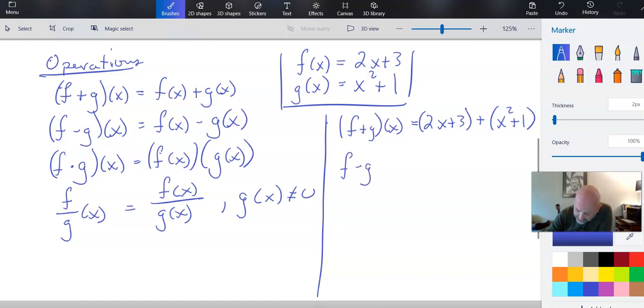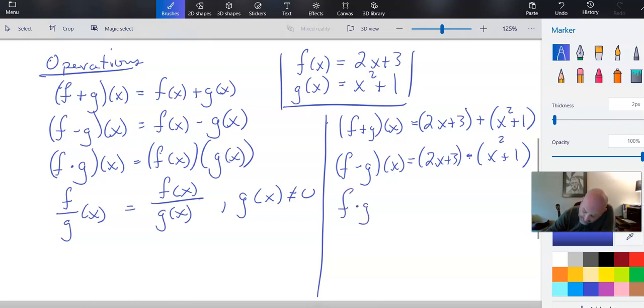f minus g of x would be the exact same thing, but with a subtraction between them. So you literally just add or subtract the functions together. For f times g, you probably already have it figured out just from looking at the first two, even if you haven't seen this before.